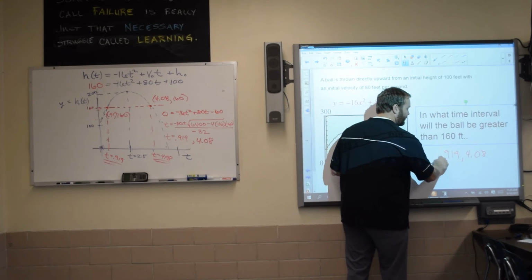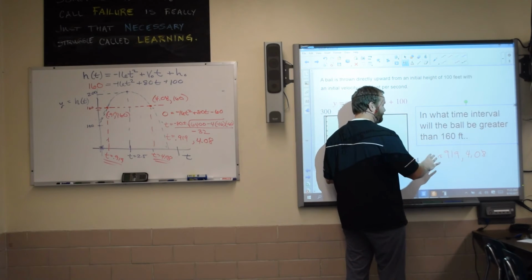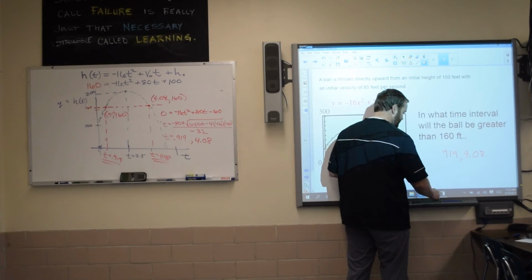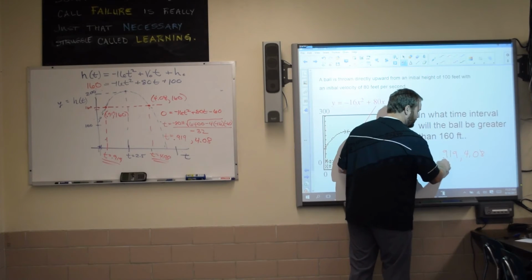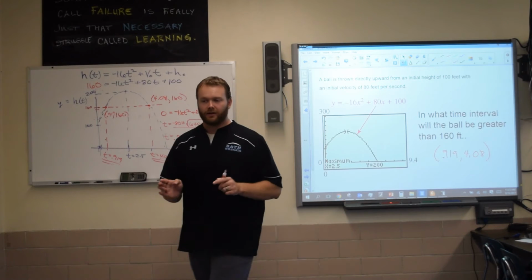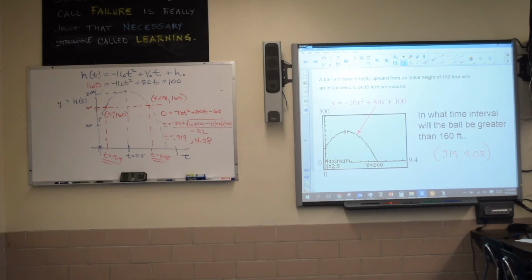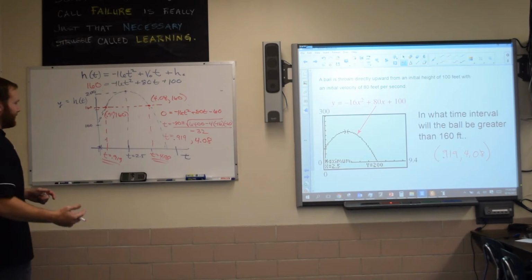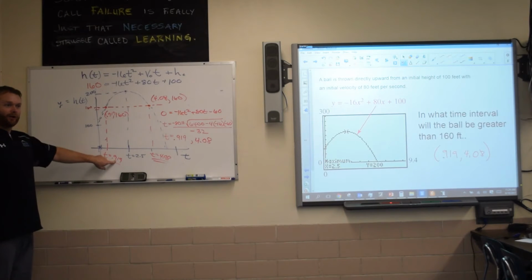Okay. Now with rounding and all that kind of stuff, you could probably argue some of this notation, but I'm going to make sure that I don't include those two values because they wanted the interval where we're greater than 160. Now the idea is then, well, since I rounded that number up, I could actually include that number. Does that make sense? Okay.